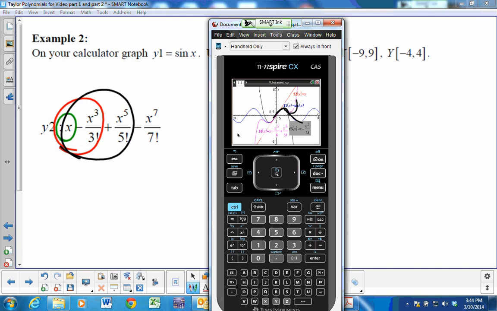If we continue like that and keep adding, we're going to get even closer further away. So the farther and farther from zero, the closer we'll get. This graph right here is an example of a Taylor polynomial, and it's going to show us some things.